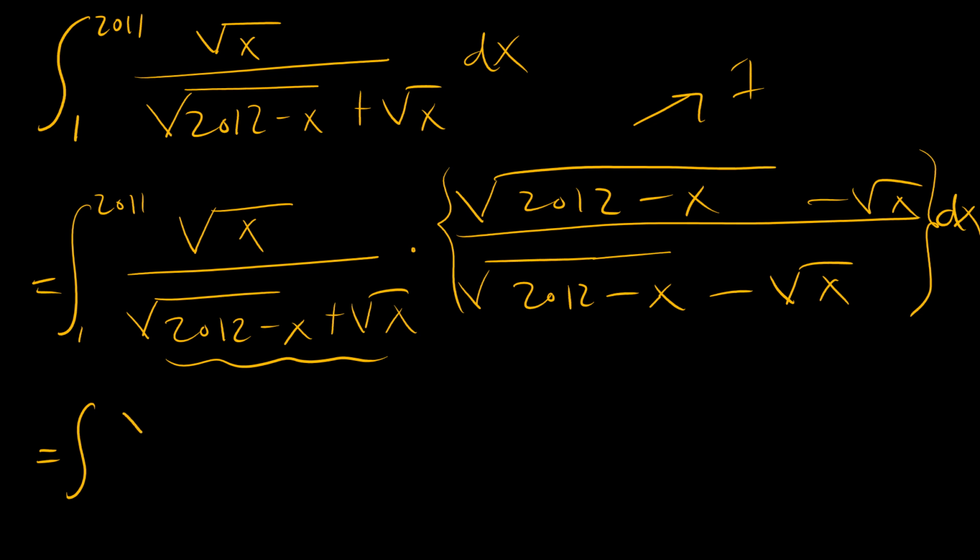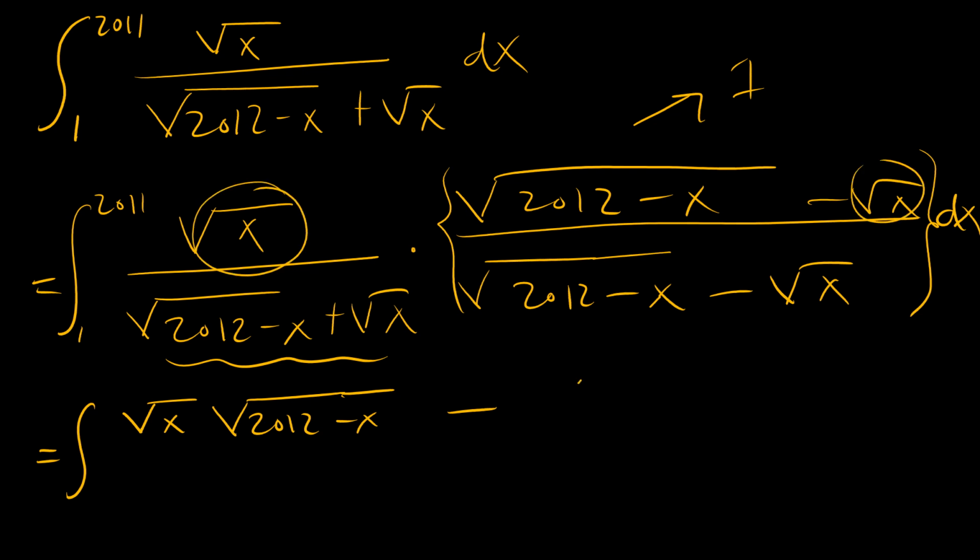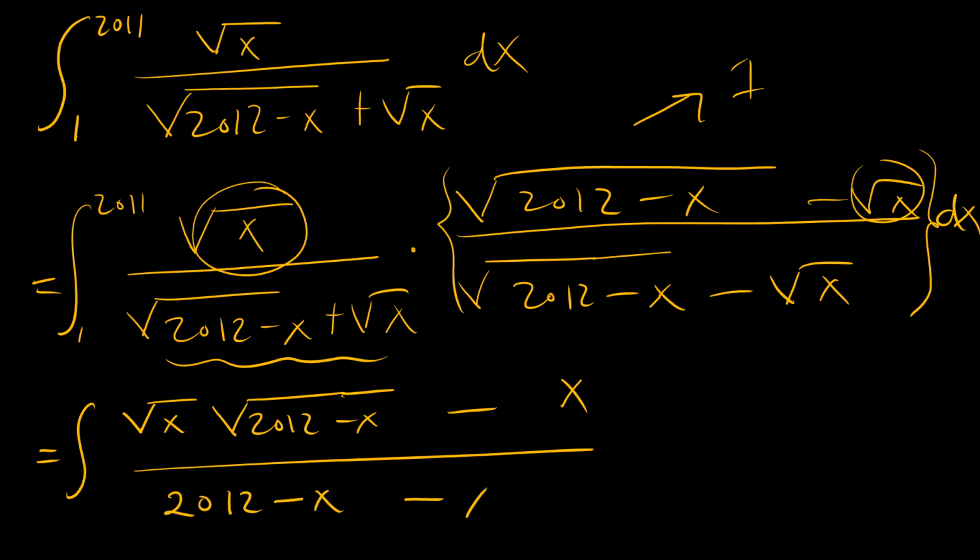So then we have square root of x times the square root of 2012 minus x minus square root of x times the square root of x, which is x, all over this times this minus this times this. So we have, in other words, 2012 minus x, right?